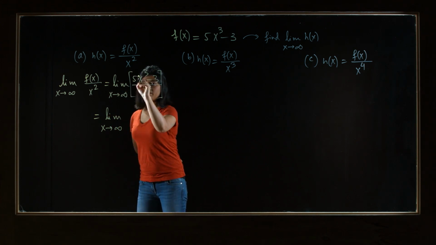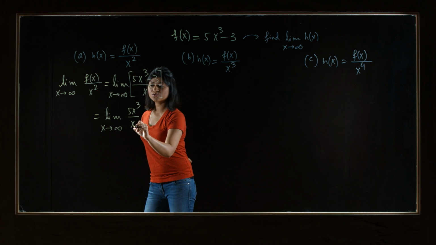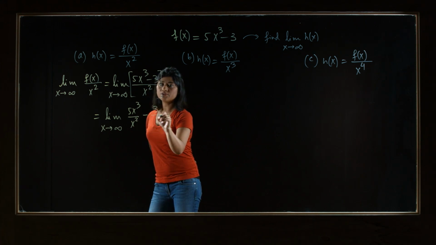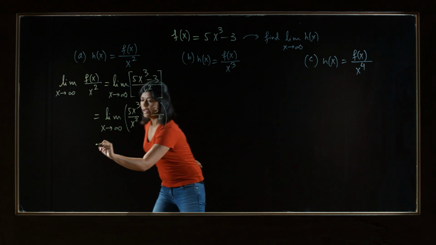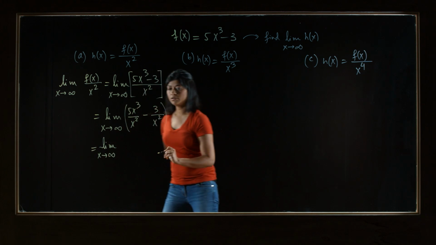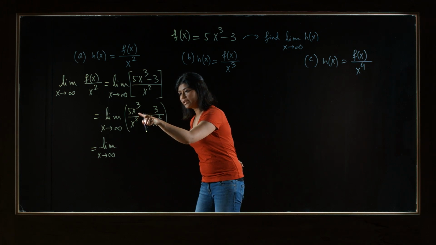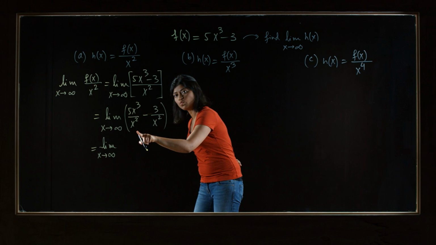So we can split it into 5x cubed over x squared minus 3 over x squared. And then simplify further. See, the first term you can cancel out some x because we have x cubed in the numerator and x squared in the denominator.